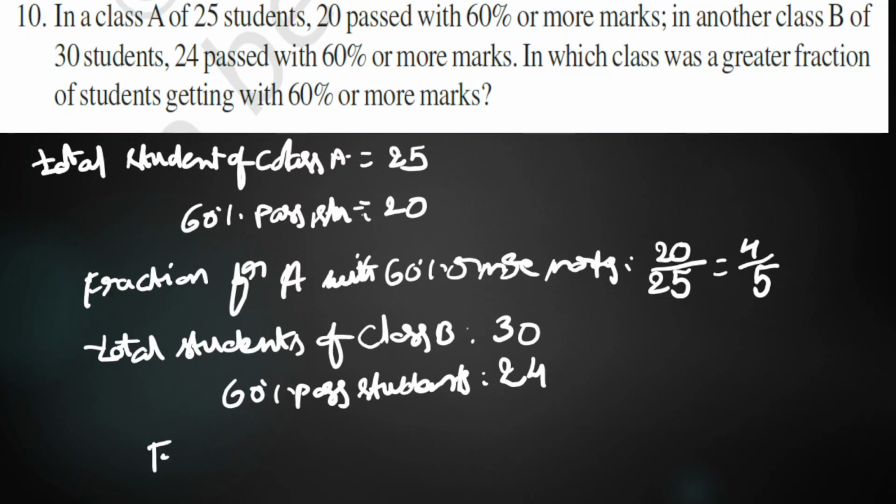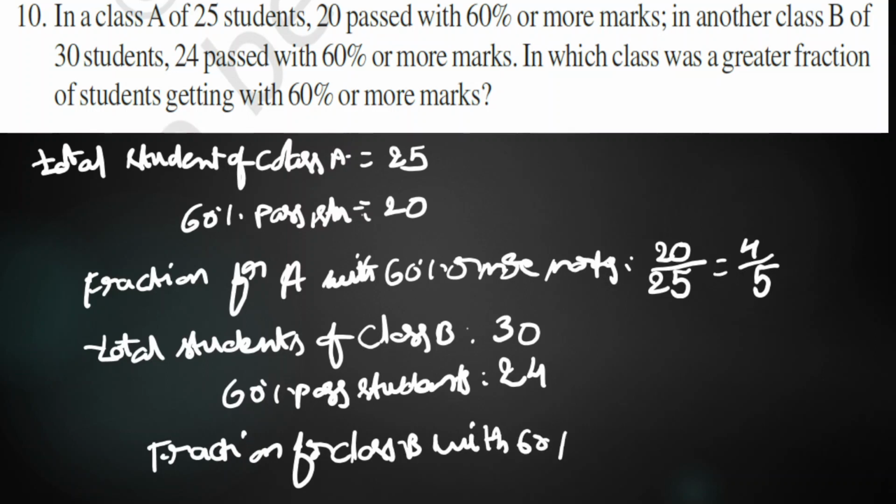So the fraction for class B with 60% or more marks: out of 30 students, 24 passed, so this is nothing but 4 by 5.